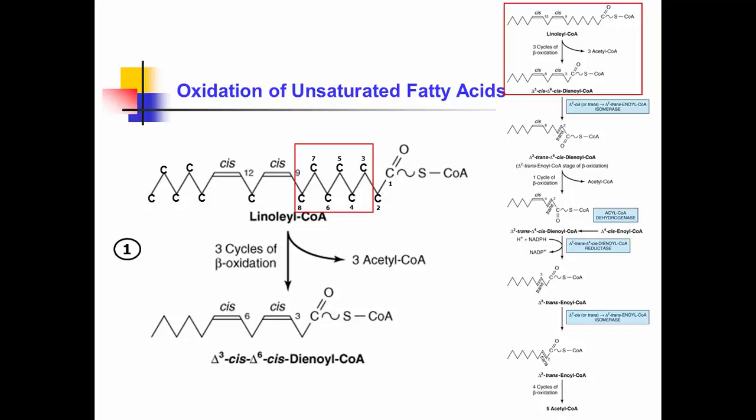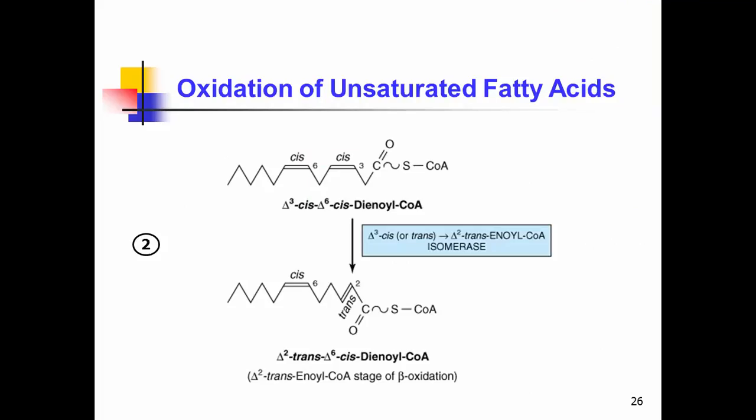So what our body needs to do is rearrange the double bonds and make the single bonds available for beta oxidation, or for the cleavage at the beta carbon position, right? So the next step will be the rearrangement of the double bonds.